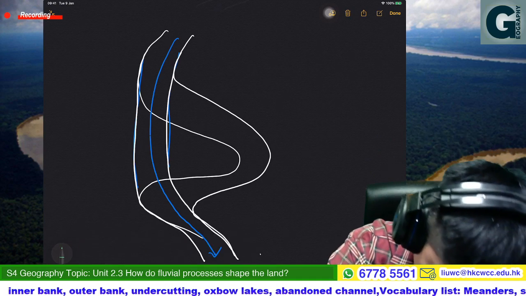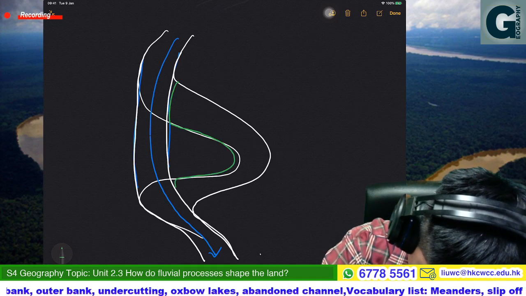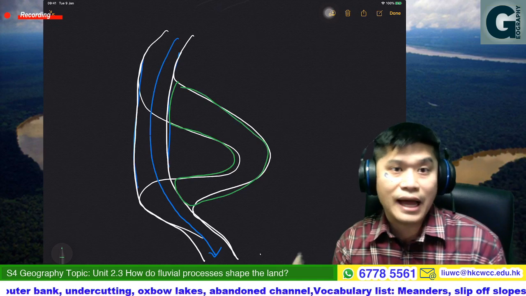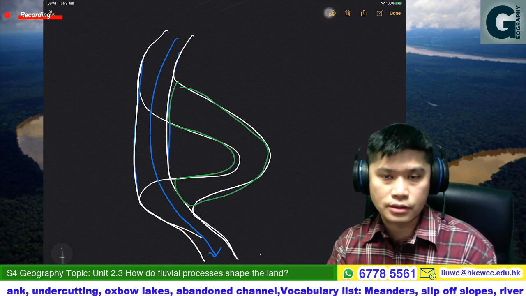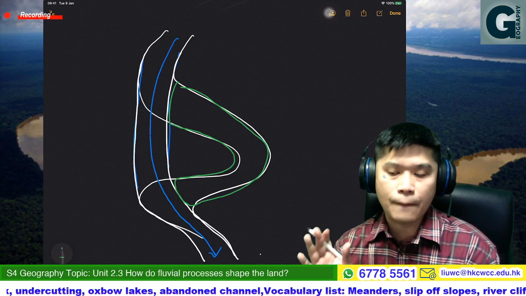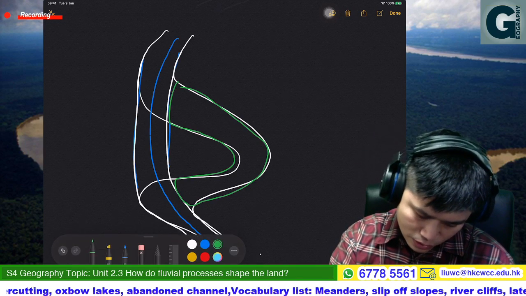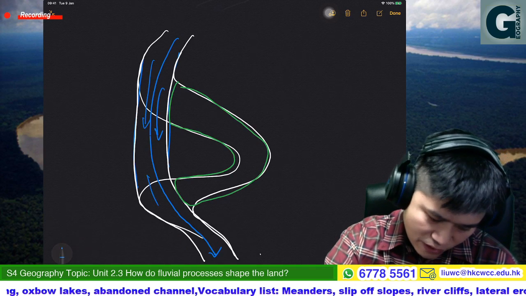And you will see that for this part, actually, that is what we have mentioned in the textbook. That is the abandoned channel. Why? It is because when the water flows here, it will flow faster.